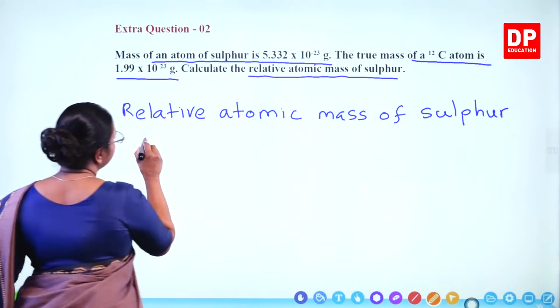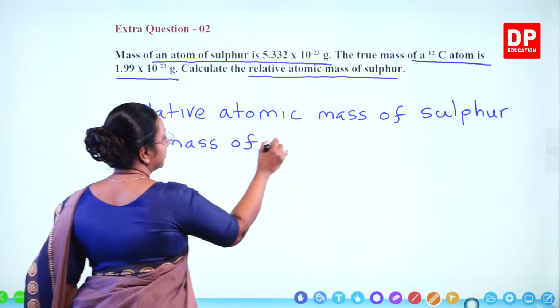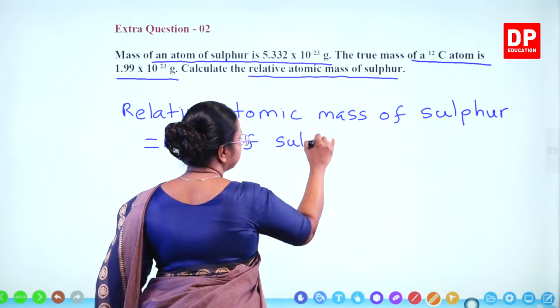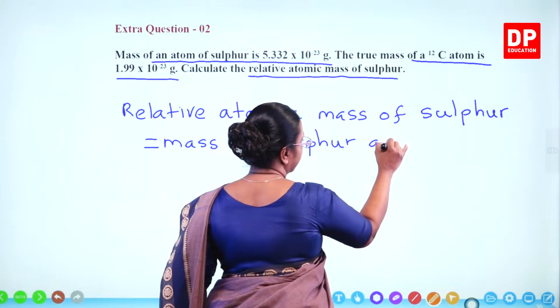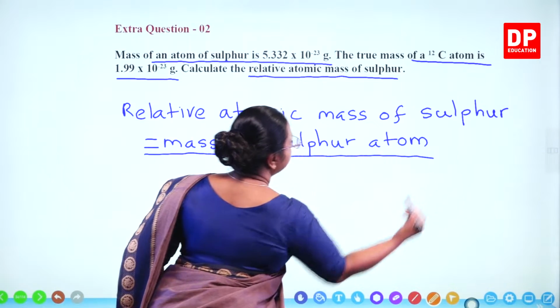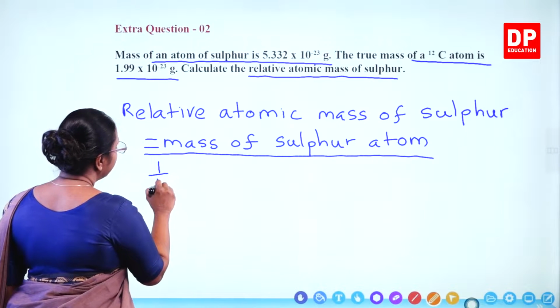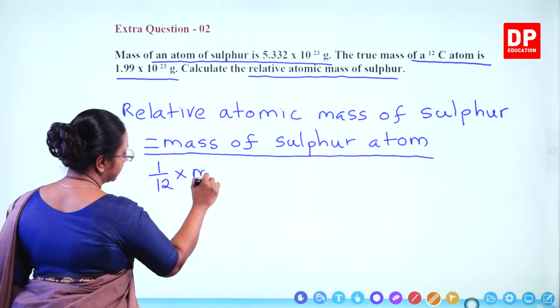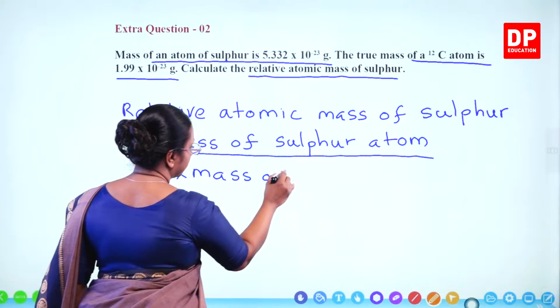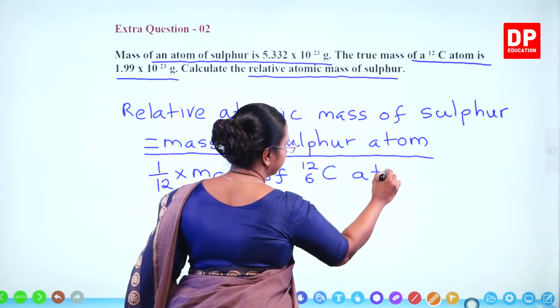So what is the equation? Mass of sulfur atom, or you can say mass of an atom of sulfur. It both means the same thing. Then what do you divide that with? 1/12 mass of 12,6 carbon atom.